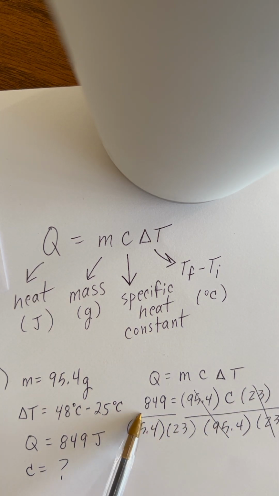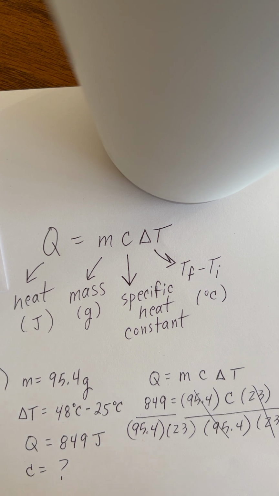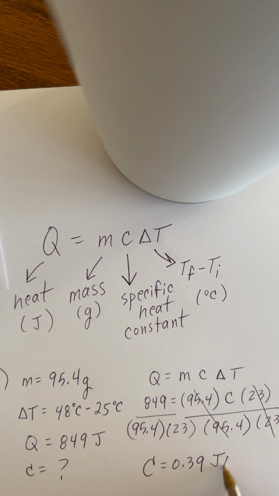In my calculator, I would type 849 divided by 95.4. You can hit equals there if you'd like. Then divided by 23. Yes, you press the divided by button twice on your calculator. And you should get an answer of about 0.39. And that would be labeled joules per gram degree Celsius.